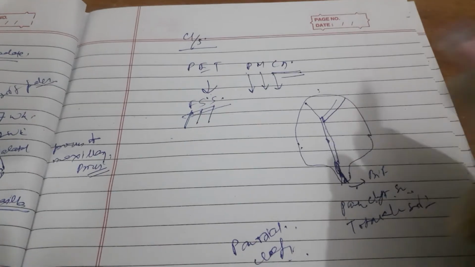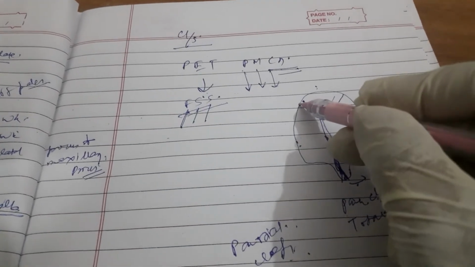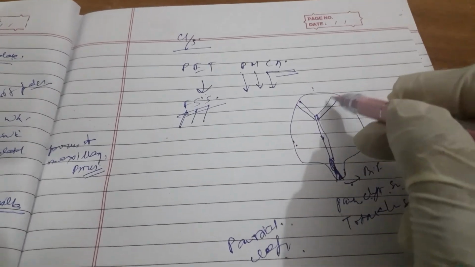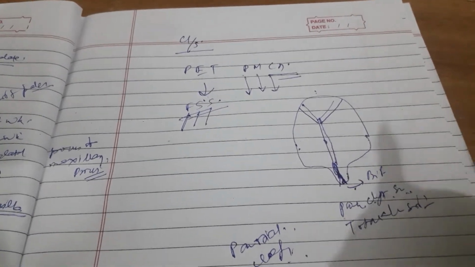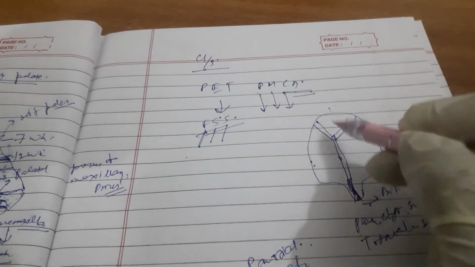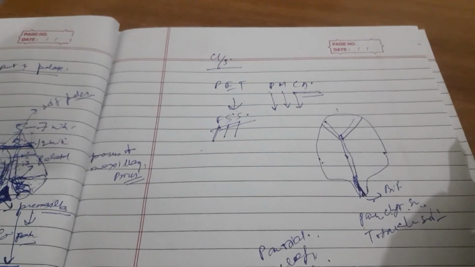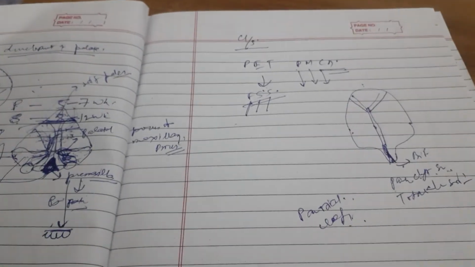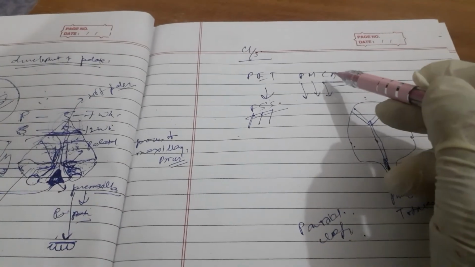Total and unilateral cleft palate. If this also does not unite, the whole of the Y is not united, then it is called bilateral total cleft palate. Okay, so these are the congenital anomalies, and this is herpangina.